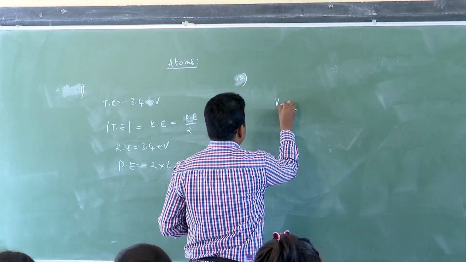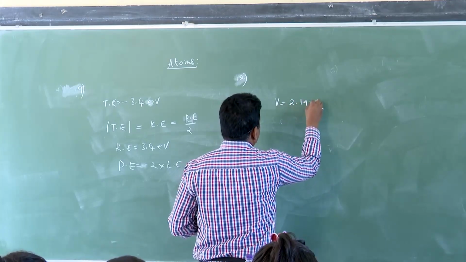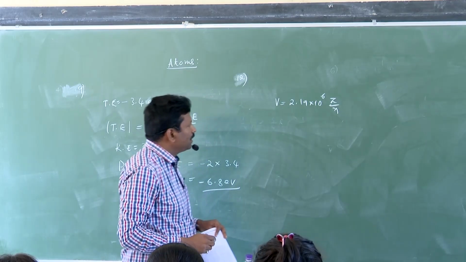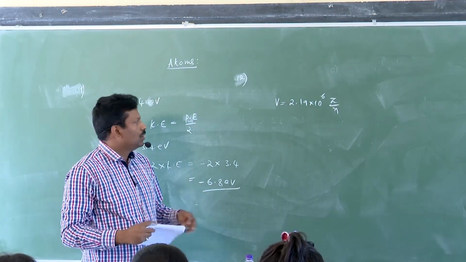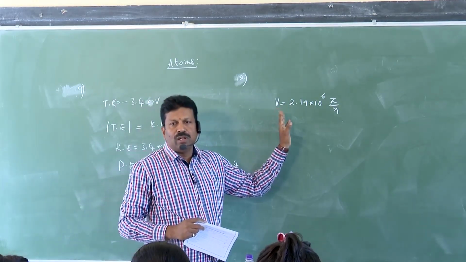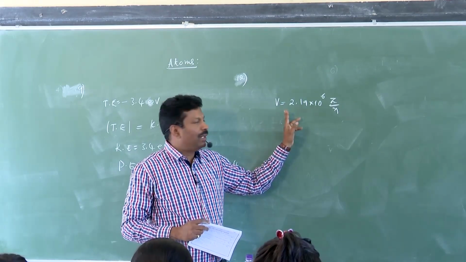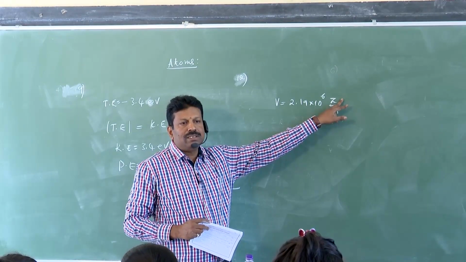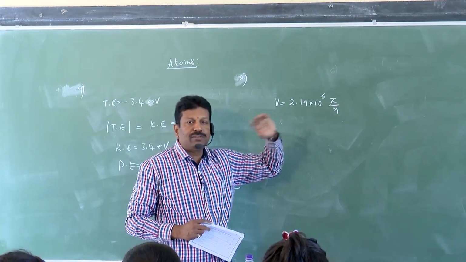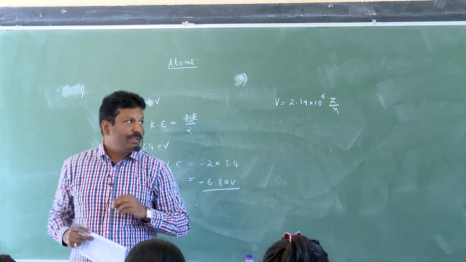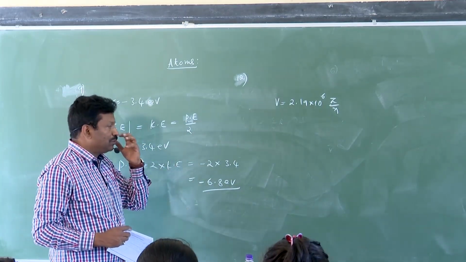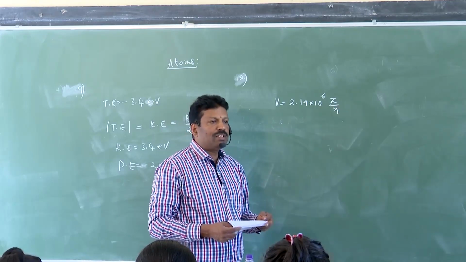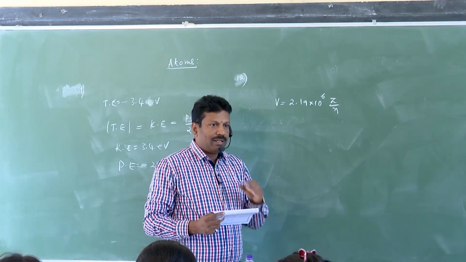Velocity of the electron is given by 2.19 into 10 to the power 6 into z by n. Are you familiar with this? Depending on z and depending on n, the velocity of the electron changes. So they have asked for helium plus ion.